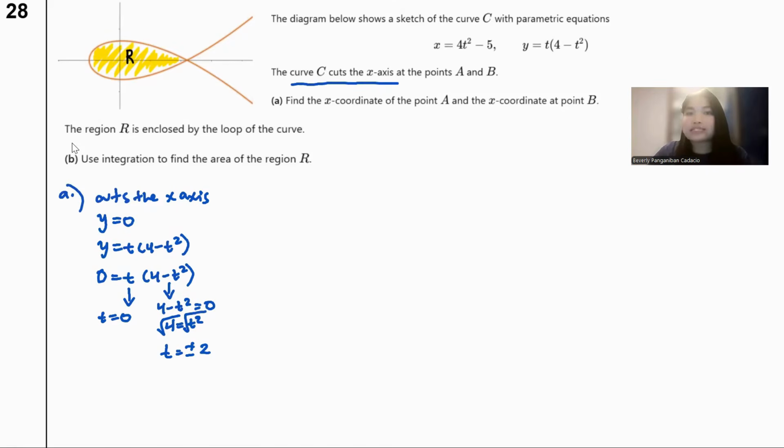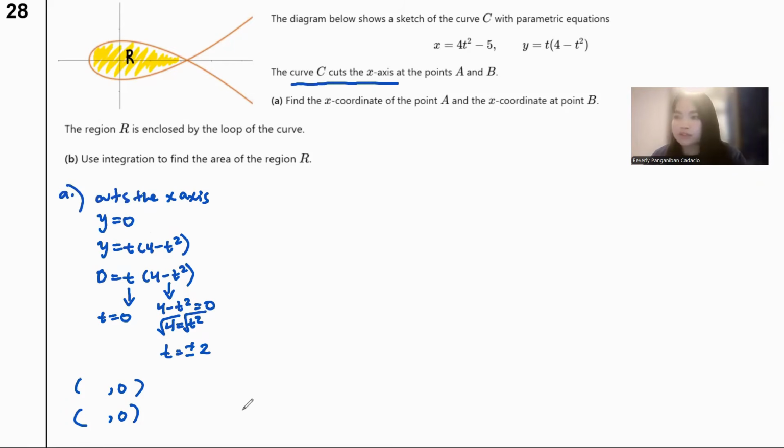What you need to do is get the value of the x coordinate of your point A and your point B. Your y is all zeros now. You just need to get your x. So basically, I'm just going to put that in my parametric equation, which is x is equal to 4t squared minus 5.